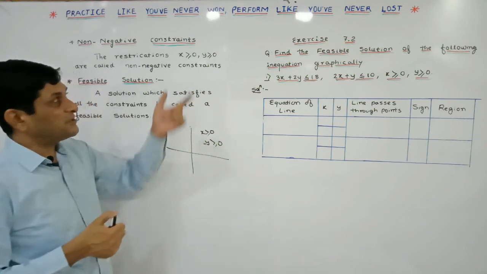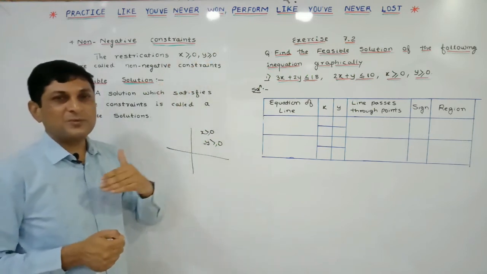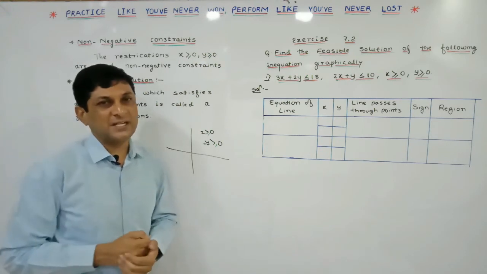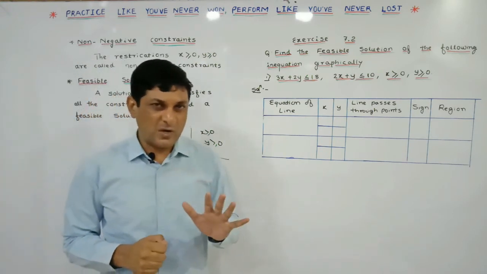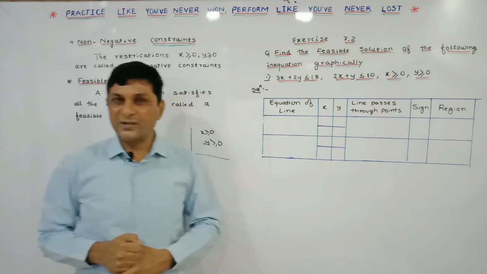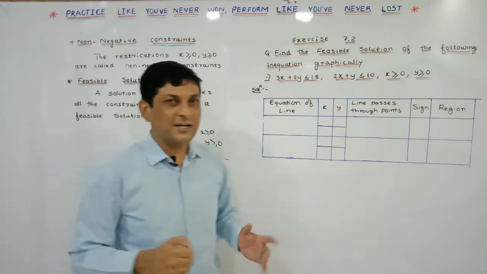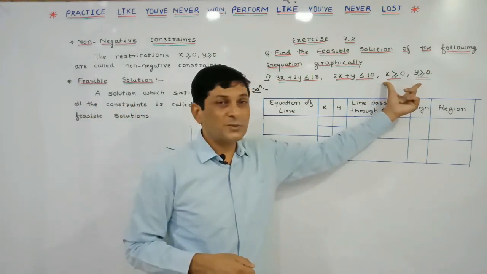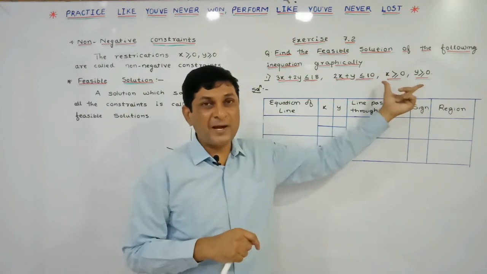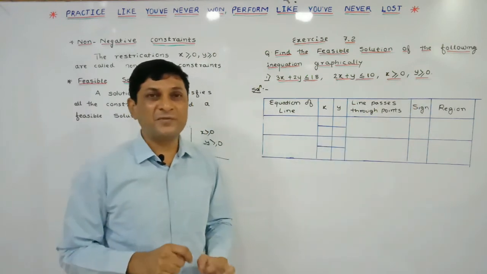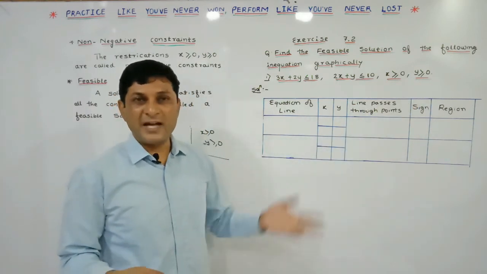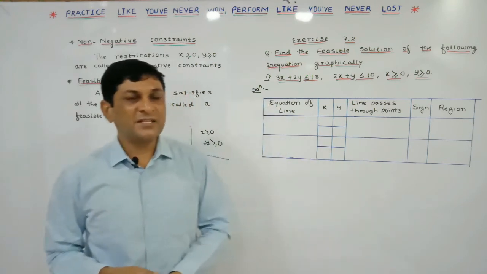So if these conditions are given in our example, we can say that our solution set lies in the first quadrant. Hope the idea about non-negative restriction is clear to you. In this example also, x is greater than 0 and y is greater than or equal to 0 is given to us, so we can conclude that the solution set lies in the first quadrant.